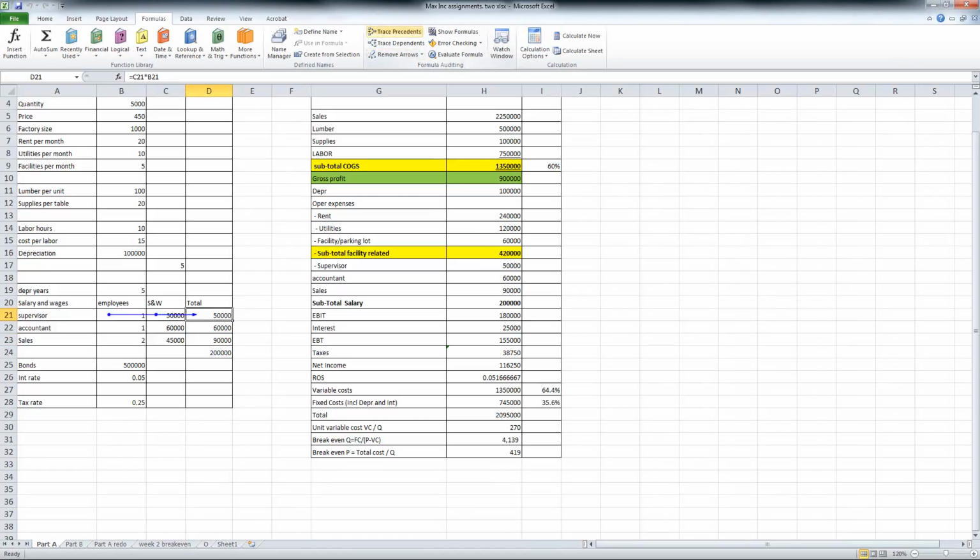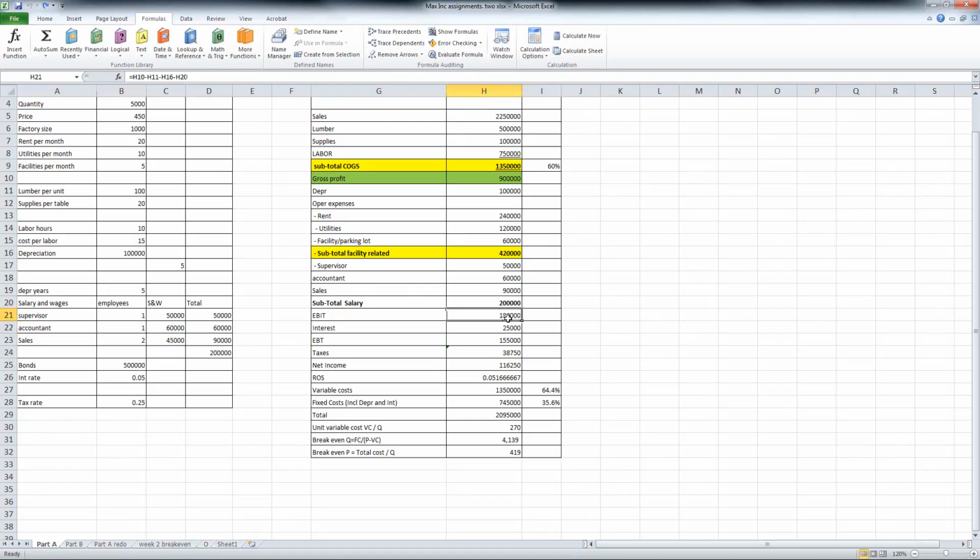So I'm taking those, this times this, and this times this, and then we can pull this information over to this side. Same thing with the salespeople, the accountants, and so on. And the value here is that if we decide that instead of one accountant, we want two accountants, if I change that number, everything else will change.